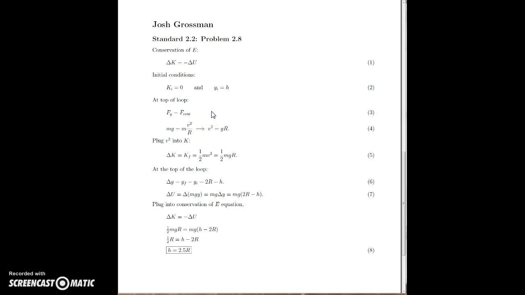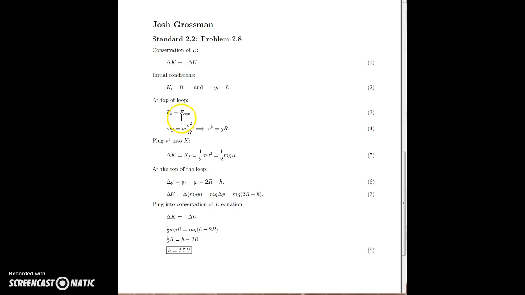If the ice cube were going a little bit faster than it needed to, then you'd be getting it from both the normal force from the structure of the track and also the force of gravity. But because we're just barely making it through, there's zero normal force. The ice cube's just barely touching the loop, and it's just gravity that's making it curve around in a circle at the very, very top.